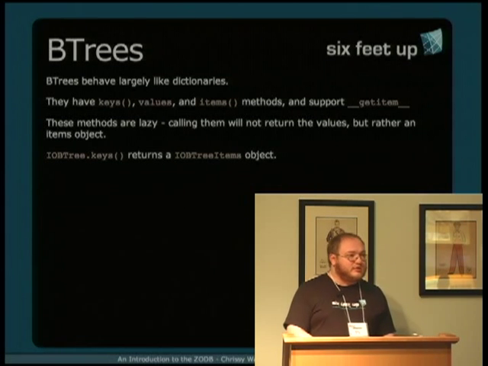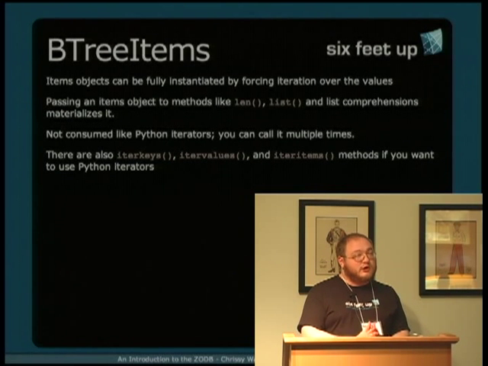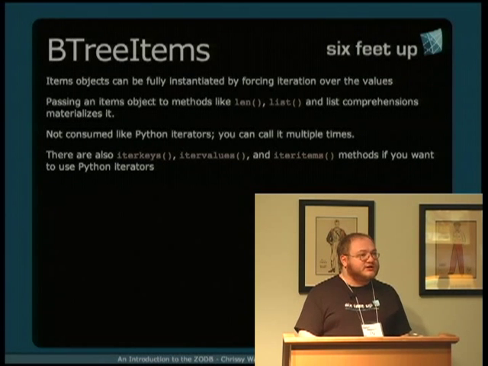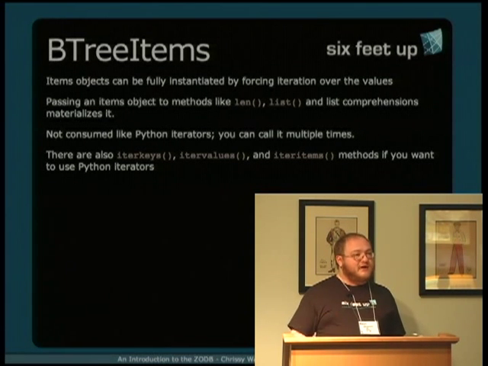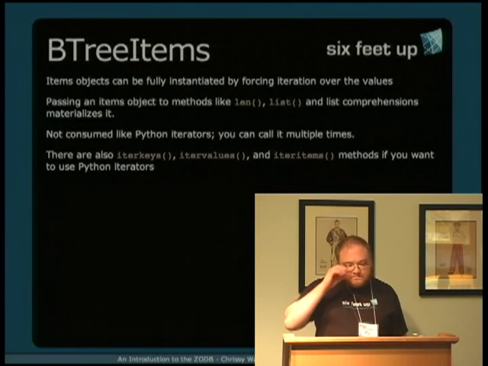That items object will not give you your values until you fully instantiate it, or until you force iteration over the entire list. So if you pass that object to something like len or list, or use it in a list comprehension, then you'll iterate over everything and you'll actually get each of the items. So it could be the keys, the items as tuples, or the values.